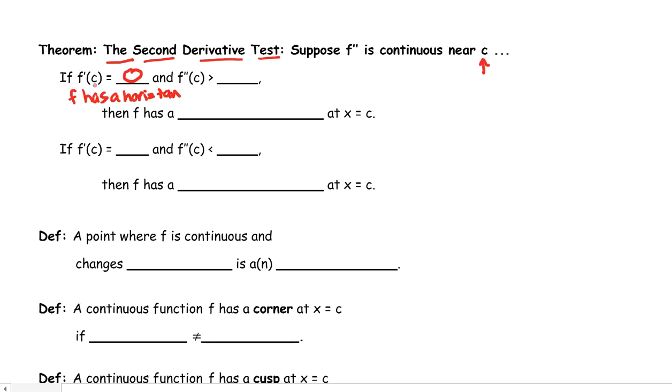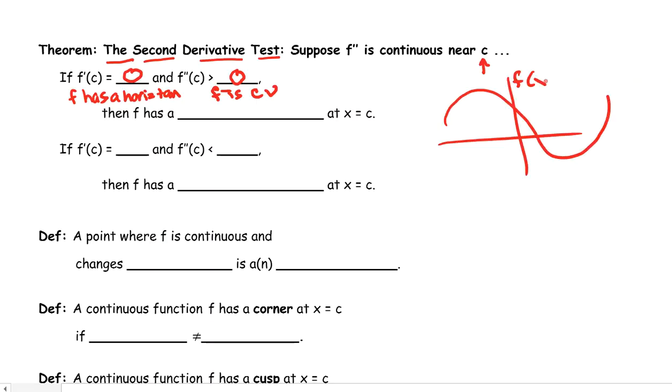If f prime is equal to 0 and f double prime is greater than 0, that means that f is concave upward. So what does that tell you about f? Well, let's think about that. Let's make that diagram I had before. If this is f of x, how is it possible for the derivative to be 0?